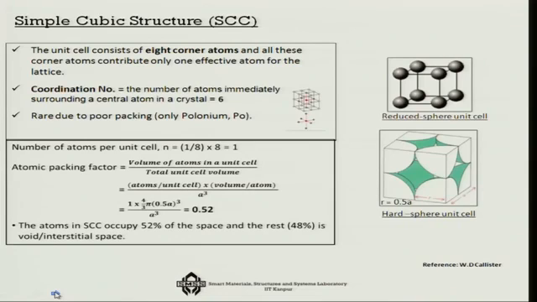Now, let us look at some of the crystal structures. Out of these 7 crystal structures, we will take only 3 or 4 of our interest, which we generally find more in terms of the materials that we use.